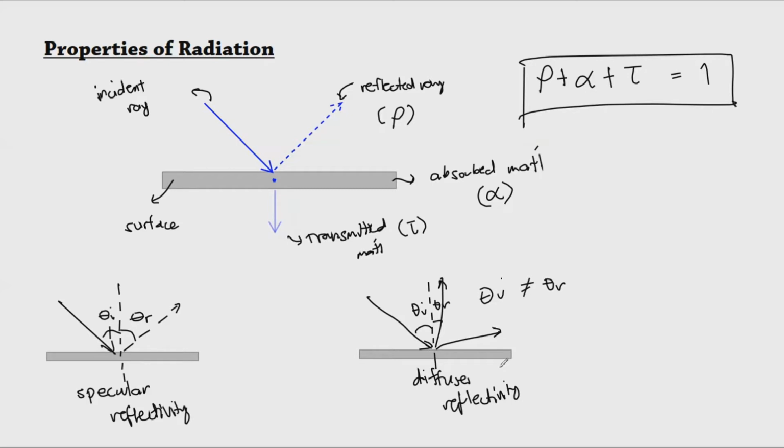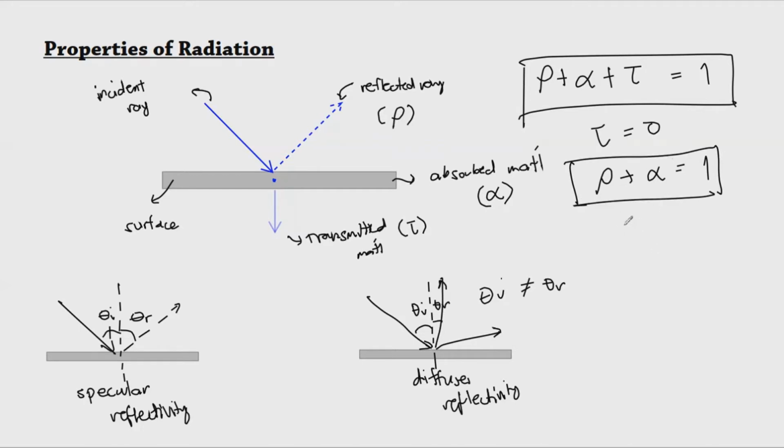So the first one is that the absorptivity plus the reflectivity plus the transmittivity is equal to 1. If the transmittivity is equal to 0, because some materials don't transmit rays, we could also say that the reflectivity plus the absorptivity is equal to 1.